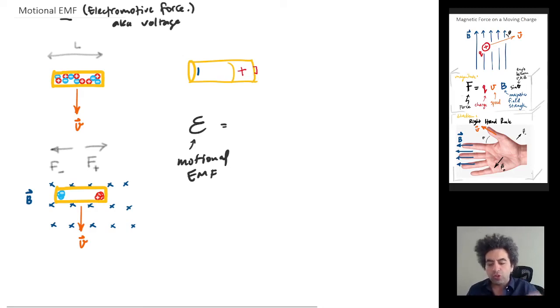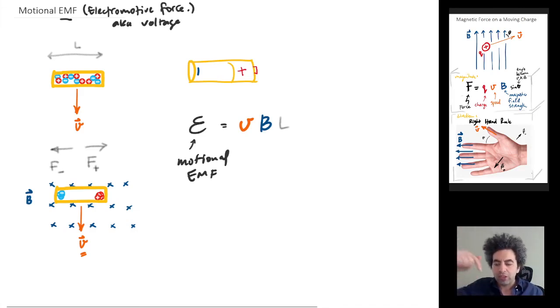It's proportional to three things. It's proportional to how fast this conductor is moving in the magnetic field. It's proportional to the strength of the field. The bigger the field, the bigger the EMF. And it's proportional to the length, or really the width, of that conductor. So it's the length of the conductor in the direction perpendicular to the direction of motion.